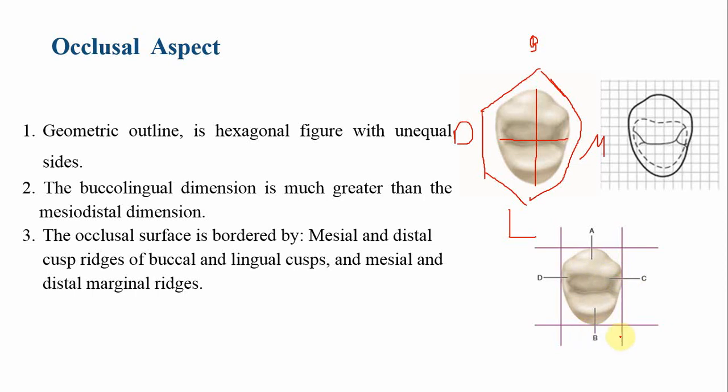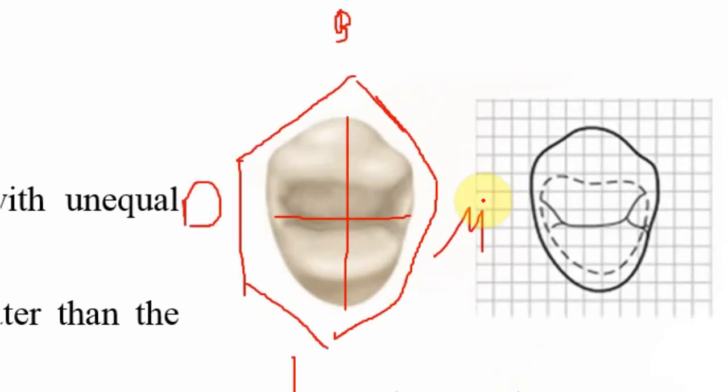The occlusal surface is bordered by cusp ridges and the mesial and distal marginal ridges. The borders of the occlusal plane will be formed by, this is the mesiobuccal cusp ridge, this is the distobuccal cusp ridge of the buccal cusp, this is the lingual cusp, and these are the mesiolingual and distolingual cusp ridges, and this is the tip of the lingual cusp, and this is the tip of the buccal cusp.